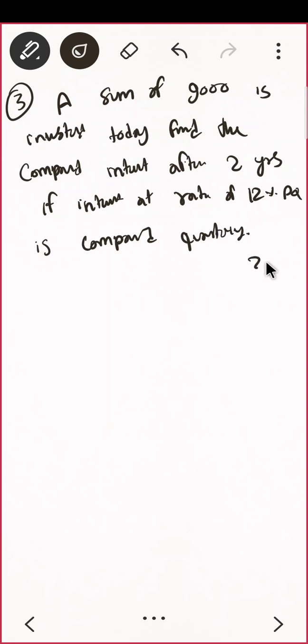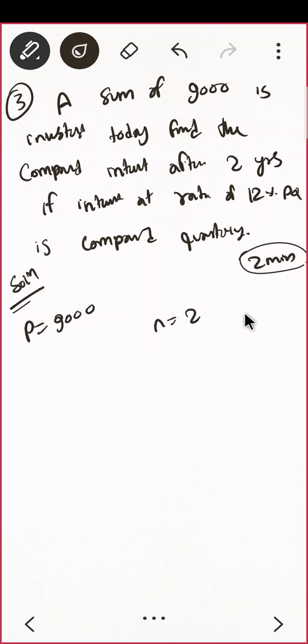Yeah, I'll give you 2 minutes. Try to solve this quickly. Put what is P and R, and what will be the formula here? Can somebody tell me what is the formula for amount in this case?